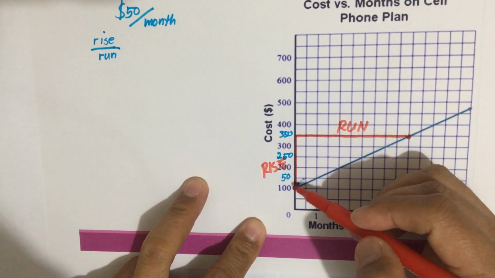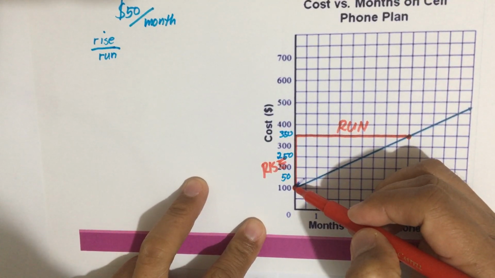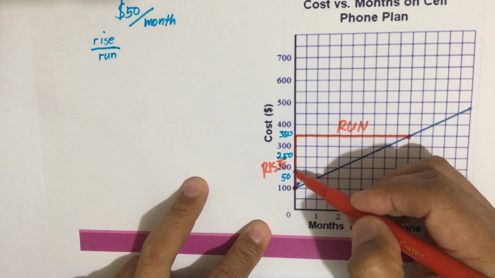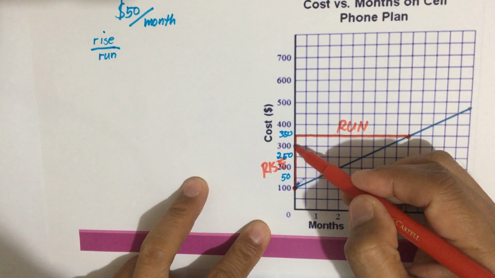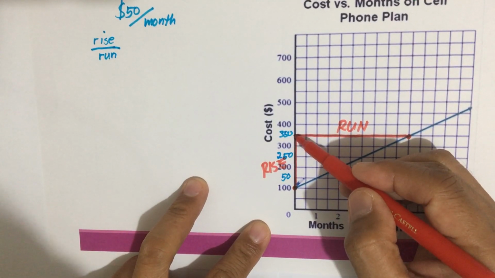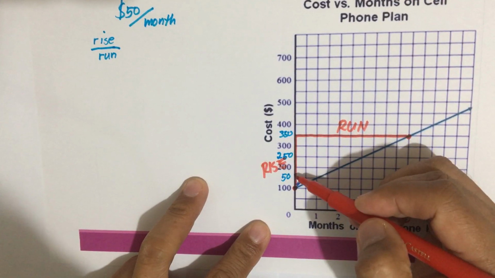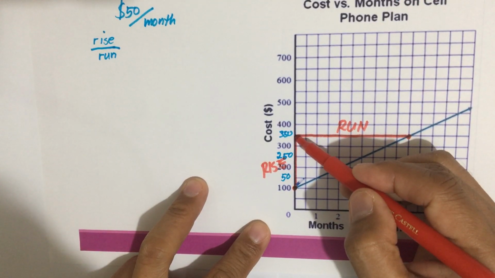If you look at the distance, from 100 to 200, that is 100, right? Then 100 to 300, that is another 100, so 200. Then you go up halfway to 400, so another 50. So this is 100 plus 100, then you have an additional 50.